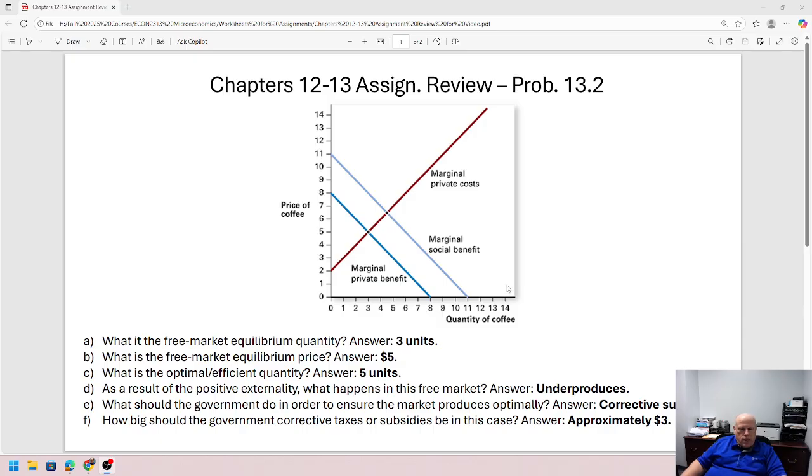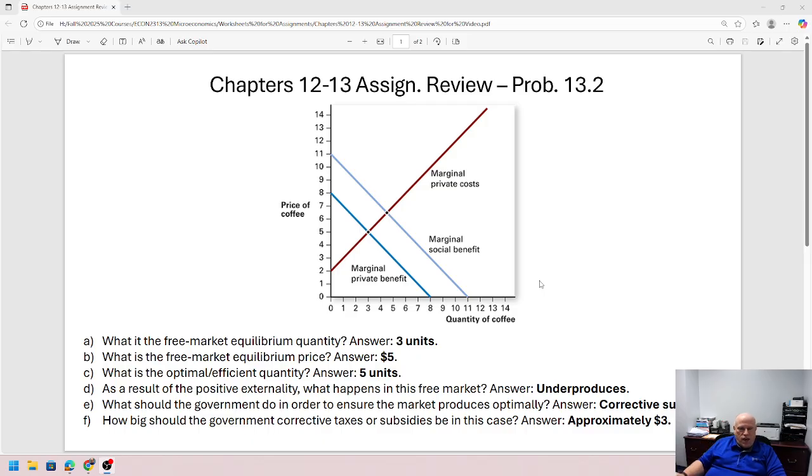The next thing it asks is, as a result of the positive externality, what happens in this free market? As we learned in chapter 13, when the market experiences a positive externality from the production of a particular good, normally producers are going to underproduce unless the government intervenes in some way.